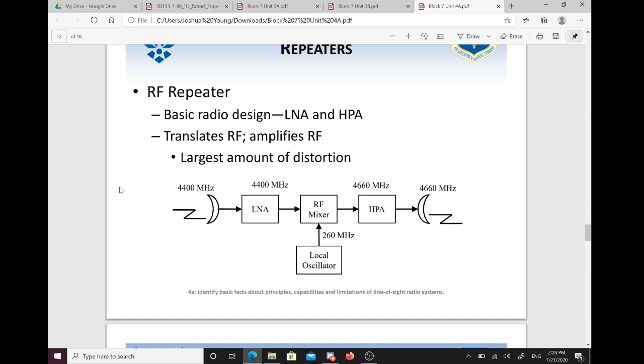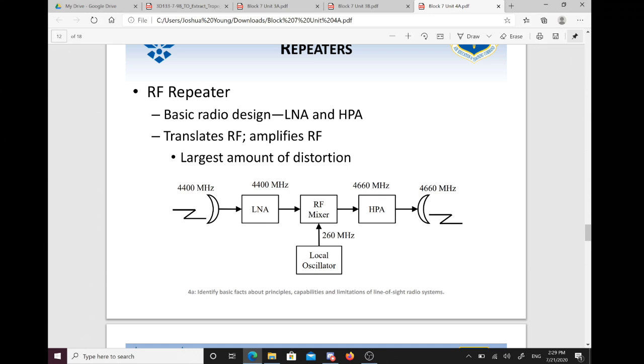The only thing that it's responsible for doing, as it shows you here in this picture, is that your 4400 megahertz signal is received, processed by your LNA into your RF mixer, where this is considered almost like an up converter, right? So you have a mixer and an up converter. It's essentially the same thing. So it takes that incoming 4400 megahertz, injects the 260 megahertz being resonated by your local oscillator frequency to create your RF out, which is now a 4660 meg signal.